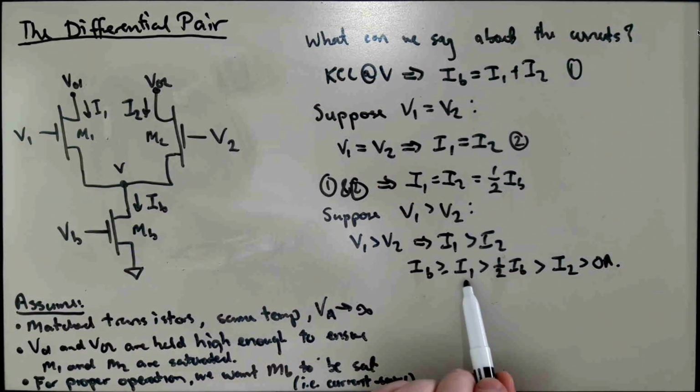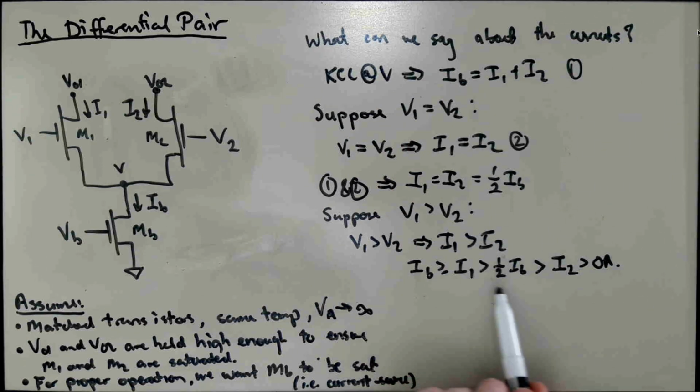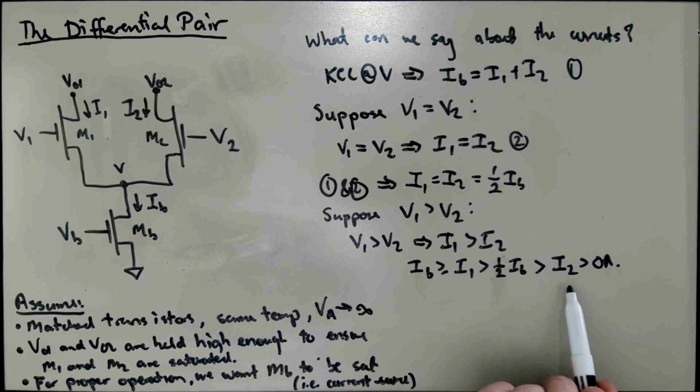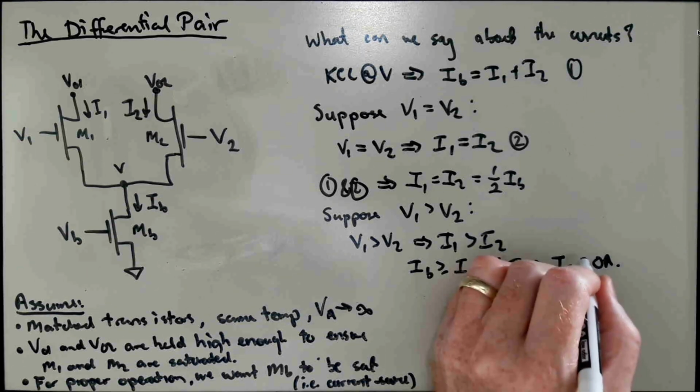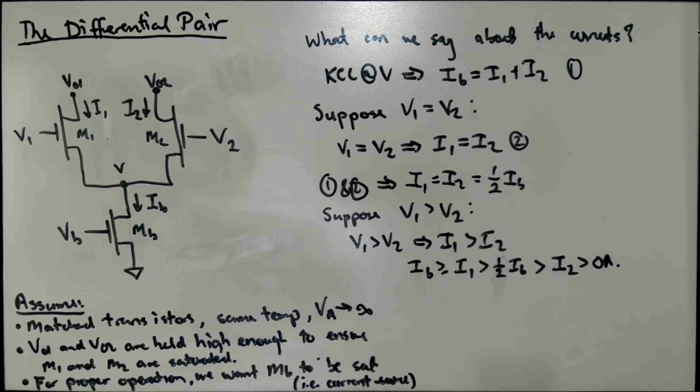I1 is bounded by IB and bigger than half of IB. I2 is less than half of IB, and I2 will be greater than 0. It may be much smaller than I1, but it will be positive.